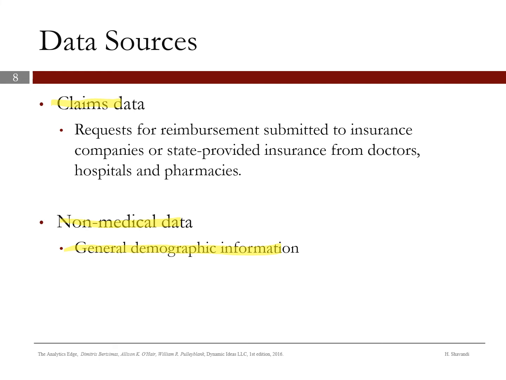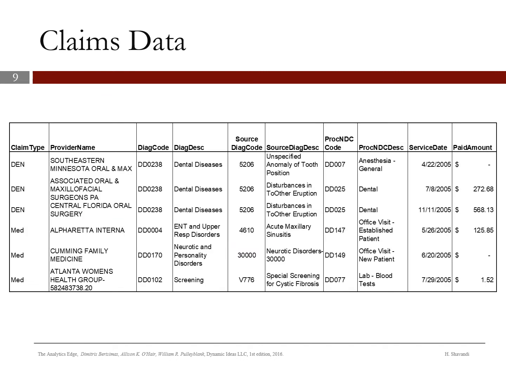Okay, so these two are available data set for our study here. Here we have a sample of claims data. So here we have a claim type, and then provider name, diagnosis code, diagnosis description, and then the source of diagnosis code, source of diagnosis description, and procedure NDC code. NDC here stands for National Drug Code.